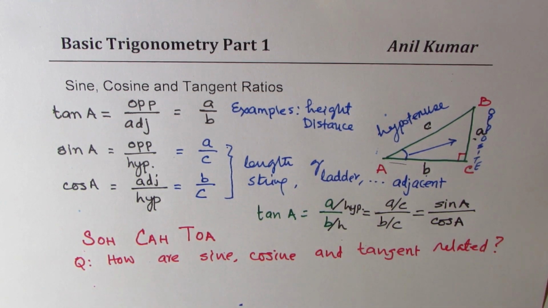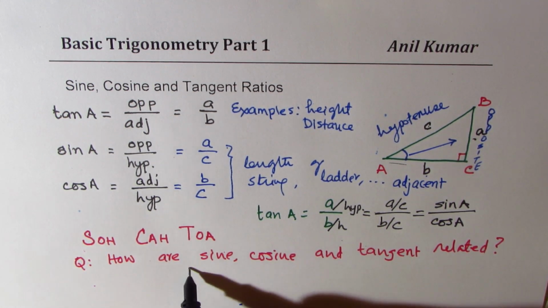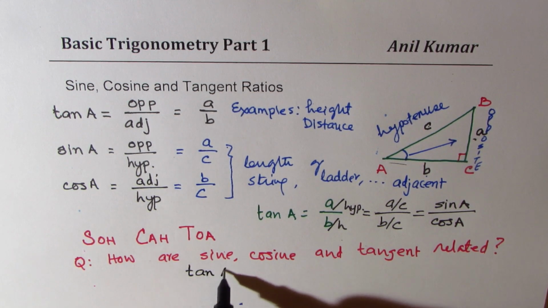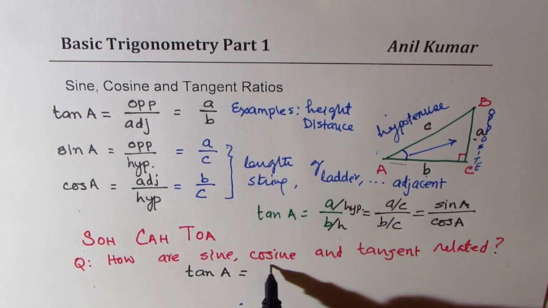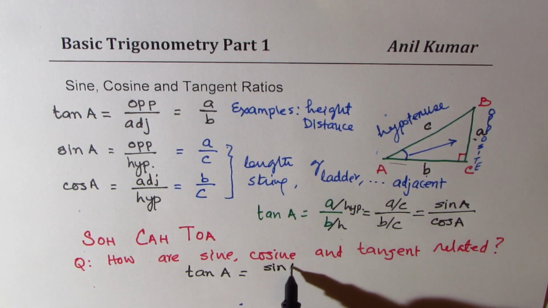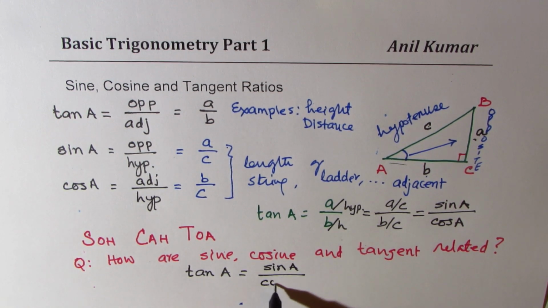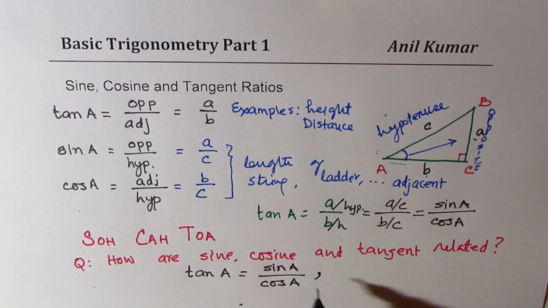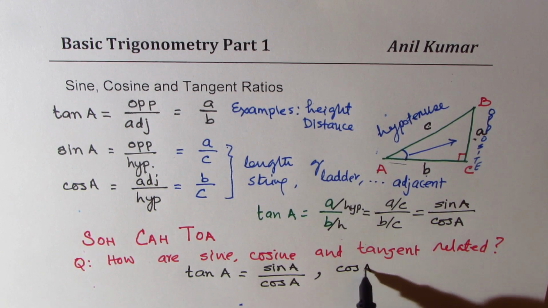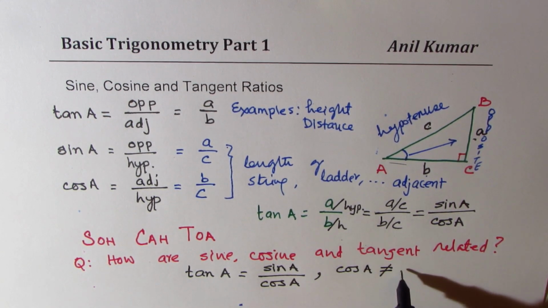So here is a very, very important relation to remember, and it is that tan of an angle is always equal to sine of an angle divided by cosine of an angle. Of course, cos of A should not be equal to 0, since you cannot divide by 0. Does it make sense to you, right?